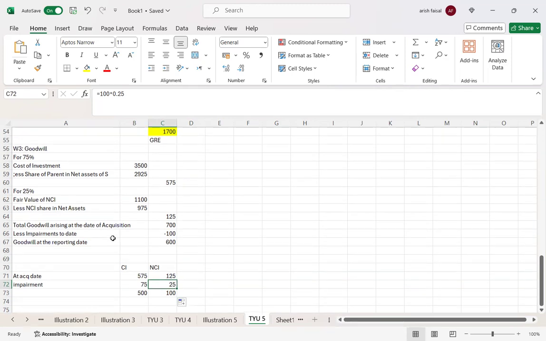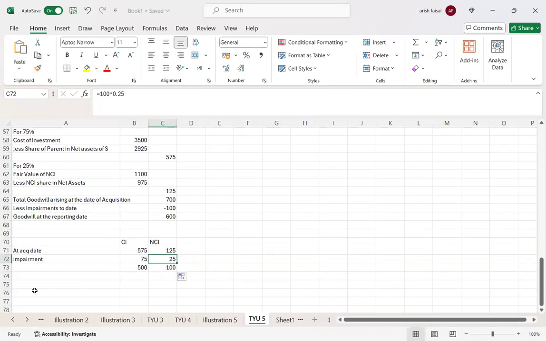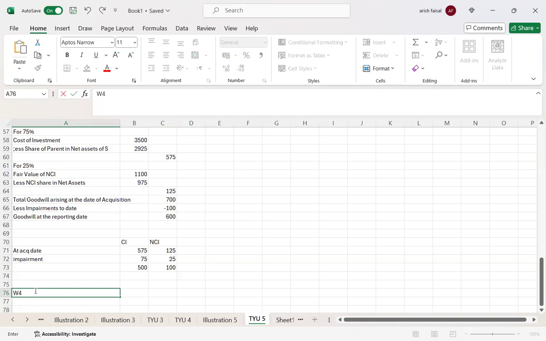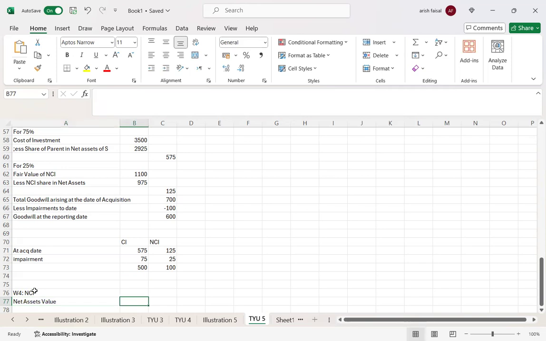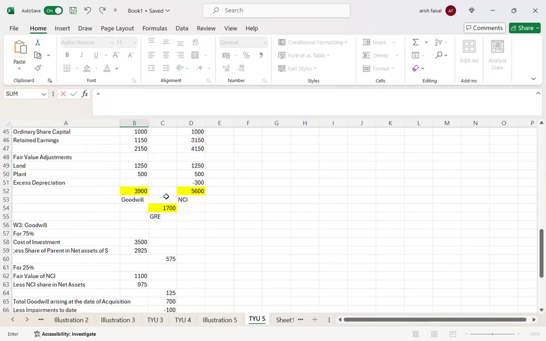So once you have figured out your goodwill, now it's time to move to your NCI value. Okay. So for that, we have to take the net assets value, which is very simple. You just have to go back to working number two, which is 5,600, and then multiply it by 25 percentage.